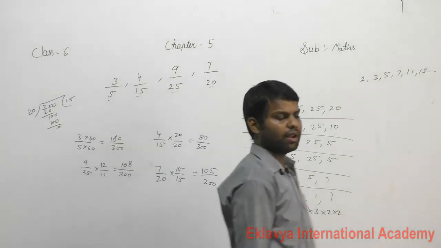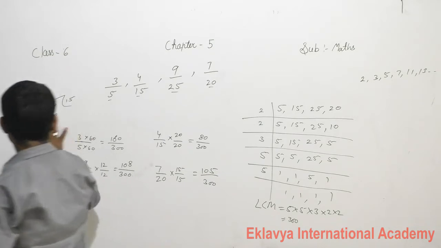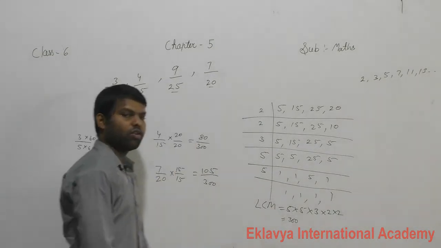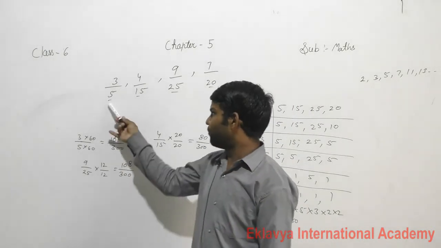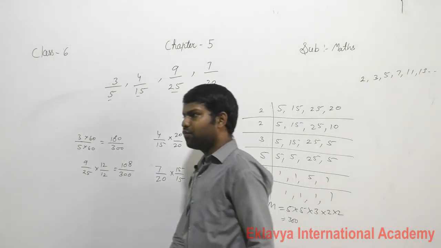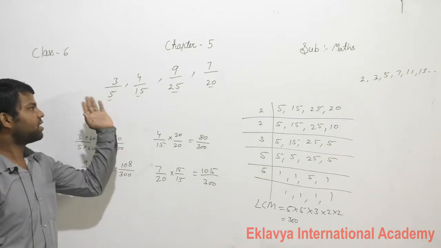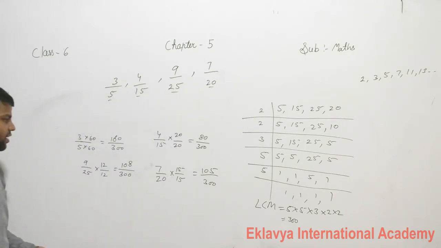Again see, here we want to compare these numbers in ascending or descending order. The numbers are in fraction form, so we arrange these fractions in ascending or descending order.